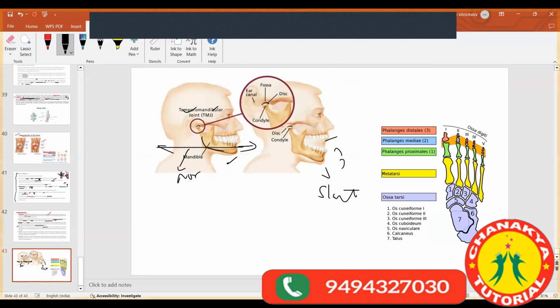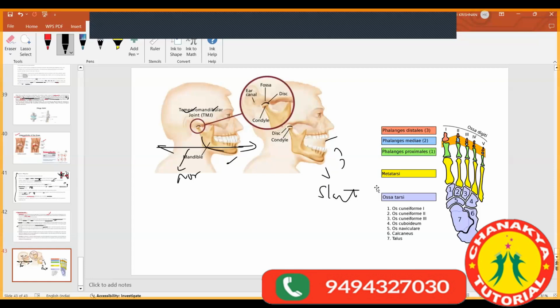Foot picture. Yes, ma'am. One second. Bhavesh, wait here for one second. I'll be back. Okay, ma'am.